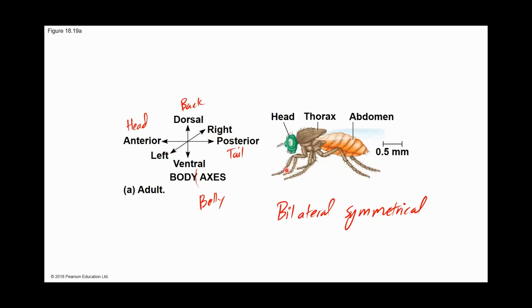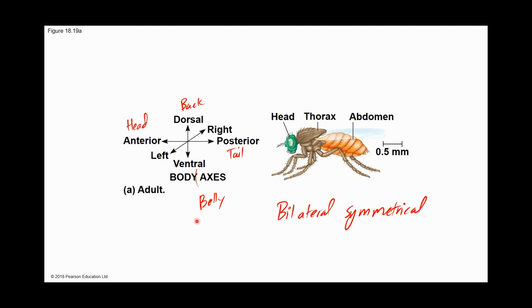Okay, so humans are also considered bilateral organisms. All right, so let's talk about how scientists analyzed the early development of Drosophila eggs into larvae and into adults, and how scientists relied on genetic analysis to determine which genes are important for development in Drosophila.